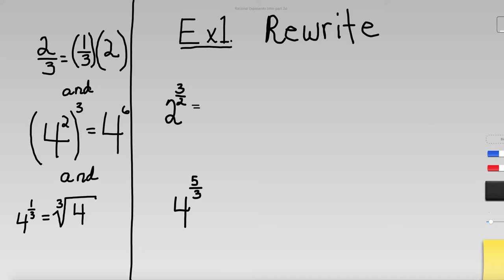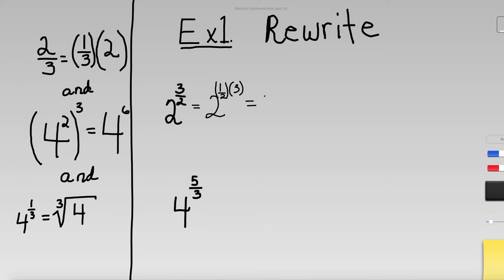So the first thing we're going to do is use what we learned here, and we're simply going to split this fraction into 1/2 times 3. Okay, now remember, whenever you're multiplying the two exponents together, that is the same as raising a power to a power.